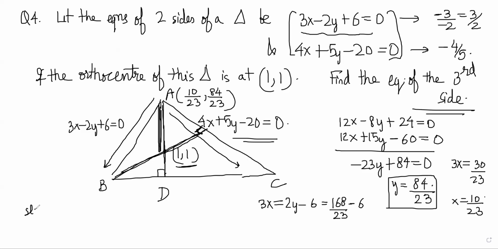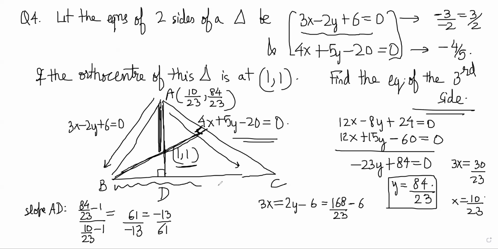Slope of AD would be 84 by 23 minus 1 divided by 10 by 23 minus 1. So it would become basically 61 by 23, 61 by minus 13. So minus 13 by 61 is slope of AD. Therefore the slope of the base BC should be 61 over 13, right? So that will be the slope of my segment BC, right?